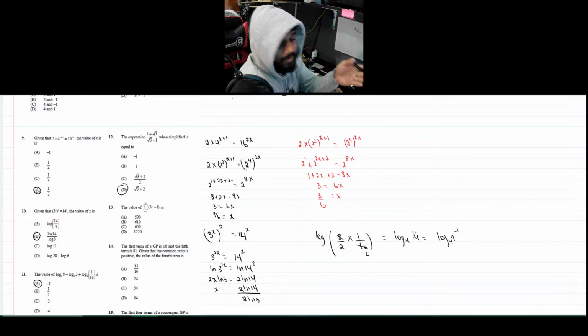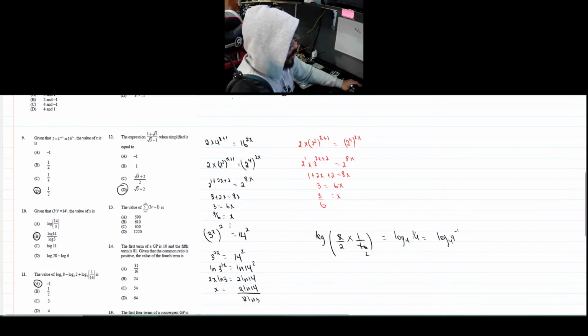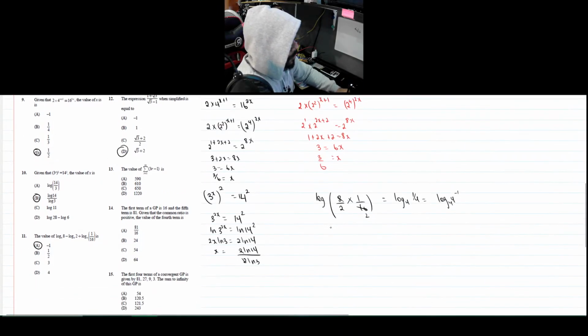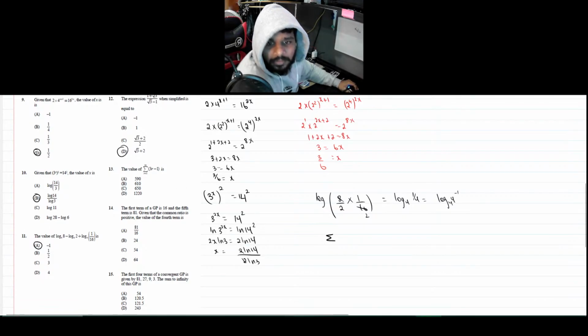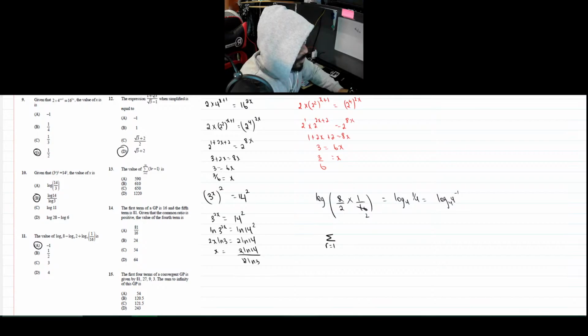This could take the form of an AP. So what are we going to do? If I show you one, I'll show you all. The summation with R equal to 1 to 20 of 3R minus 1.